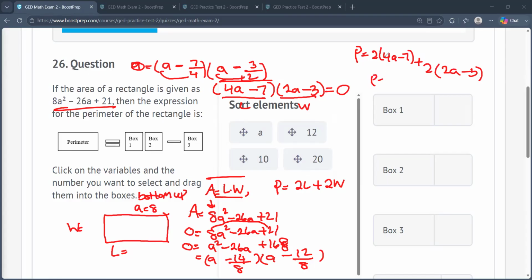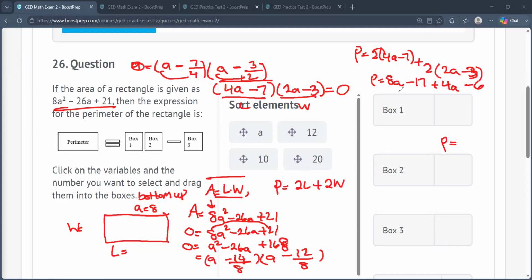When you clean this up, 2 times 4a is 8a, 2 times negative 7 is negative 14, 2 times 2a is 4a, 2 times negative 3 is negative 6.